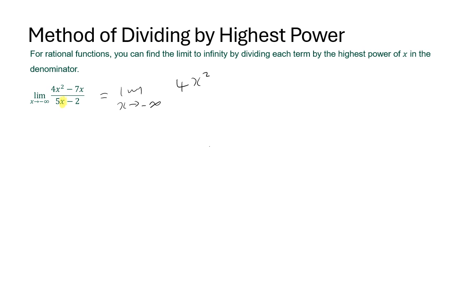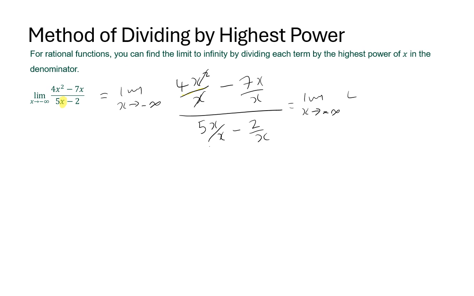This is the limit as x approaches minus infinity: x goes into this, so we're left with 4x minus 7 times 1, which is 7, divided by x goes into x 1, we have 5 minus 2 over x.